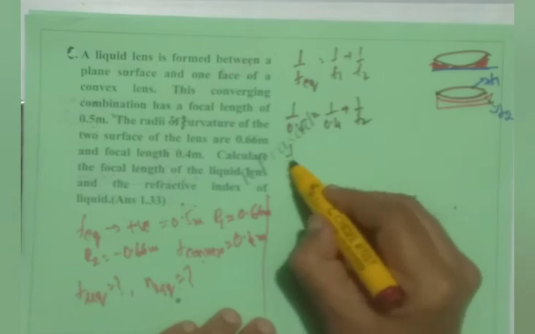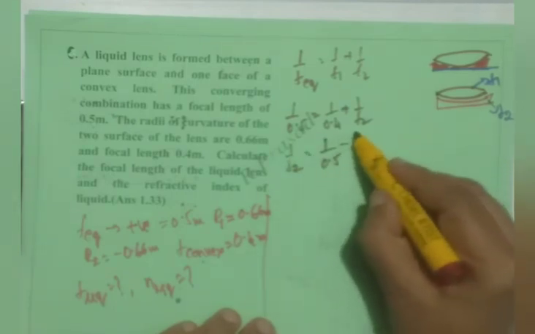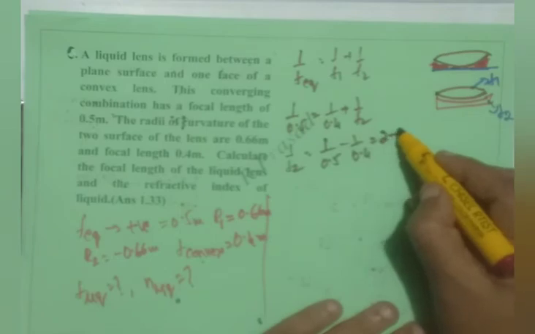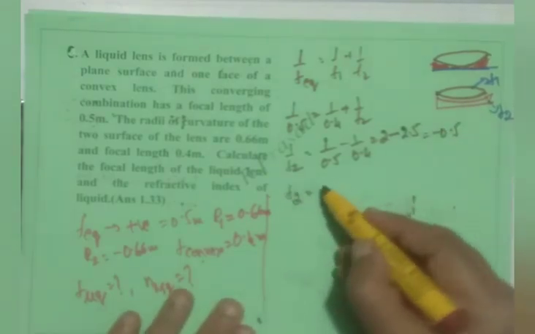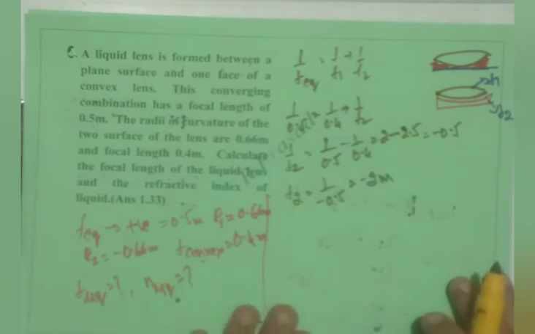We go for this calculation. 1/F2 is 1/0.5 minus 1/0.4, which we can calculate as 2 minus 2.5, which is minus 0.5. So F2 is 1 by minus 0.5, that is minus 2 meter, the focal length of the liquid lens.